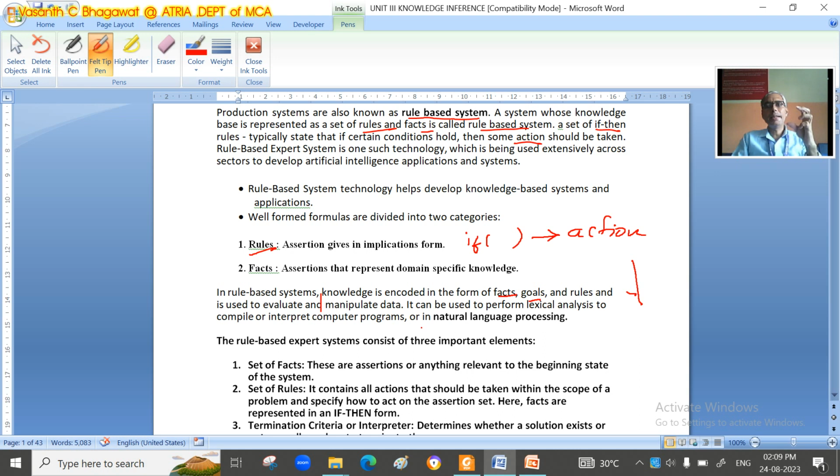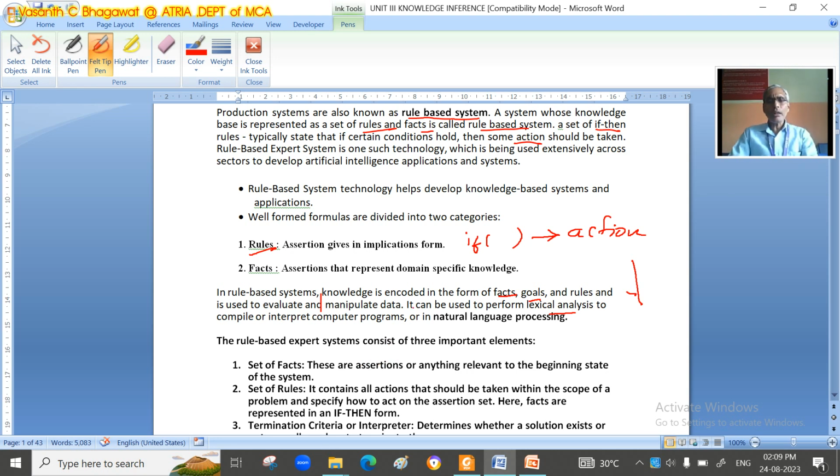There will be some goals, and rules which are to be inferred or manipulated so that you achieve your goal. In applications like lexical analysis, compiler interpretation or natural language processing, we can extensively use this particular system.